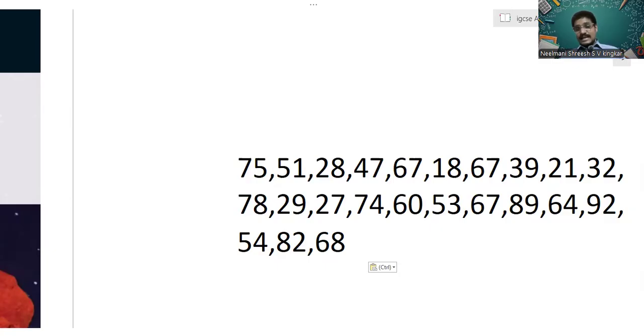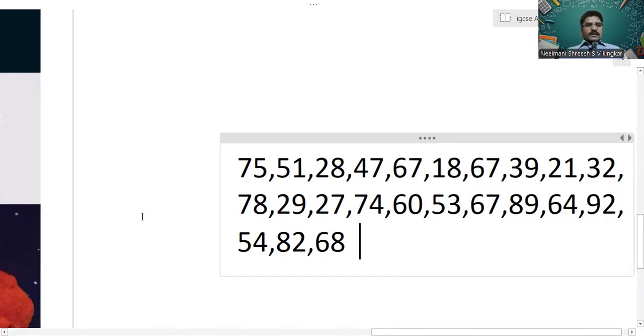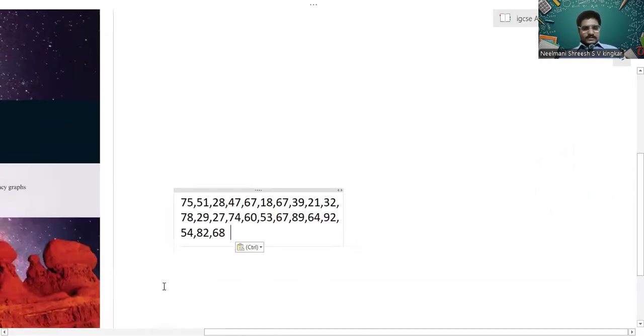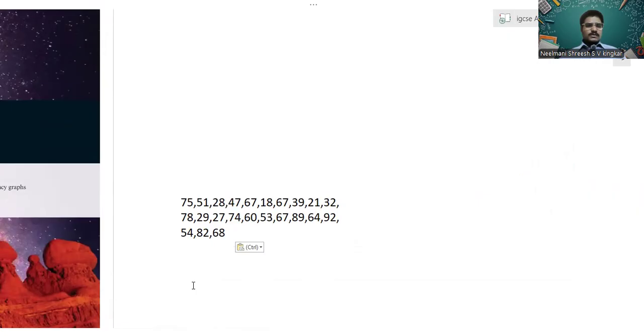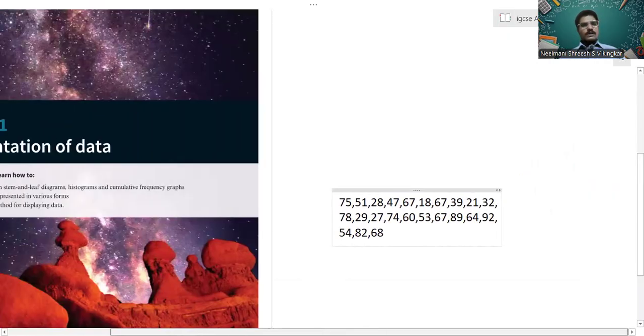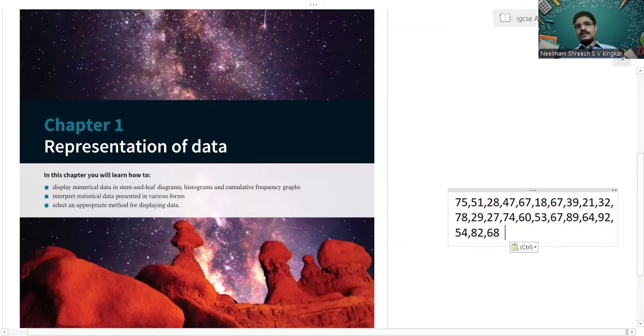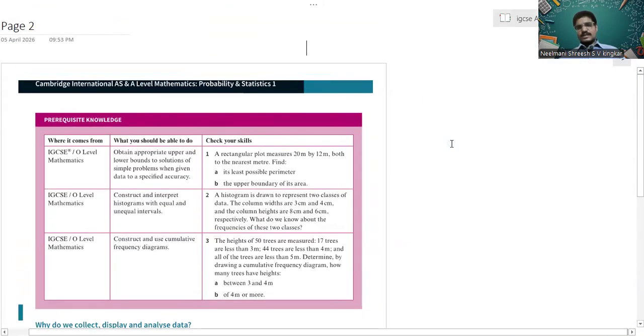And that's exactly what we are going to learn today in the first chapter of our series, which is known as the representation of data. First, we have to know what is data and how many types of data we have.